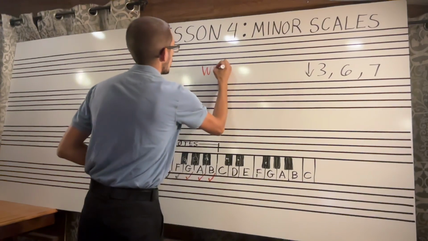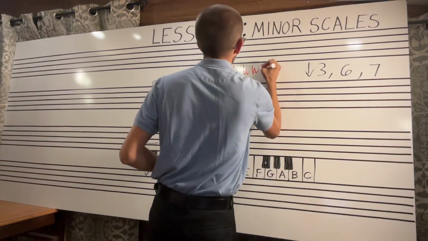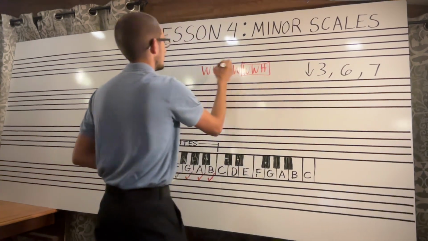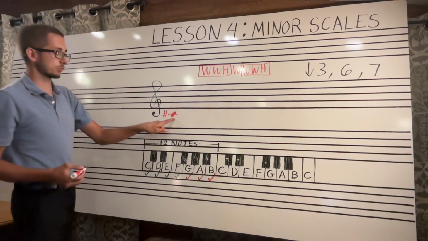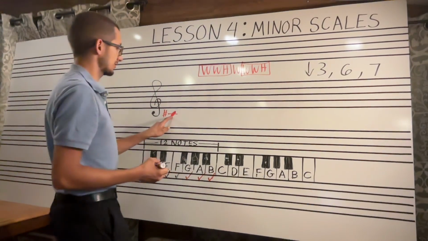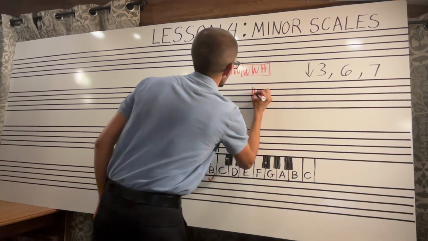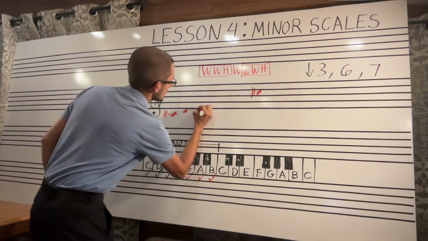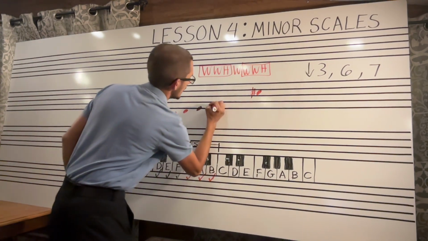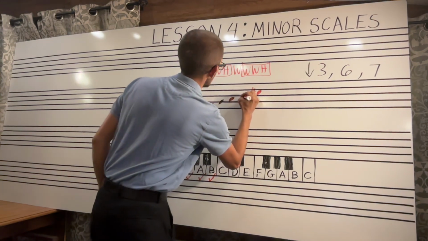So if we apply our whole, whole, half, whole, whole, whole, half, let's write all of our notes from C sharp to C sharp, covering every line and every space. So we'll have some sort of a D, some sort of an E, some sort of an F, some sort of a G, some sort of an A, and some sort of a B.